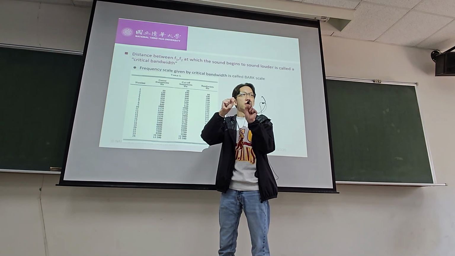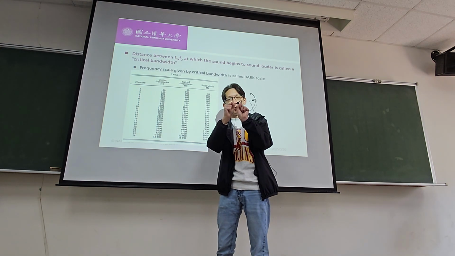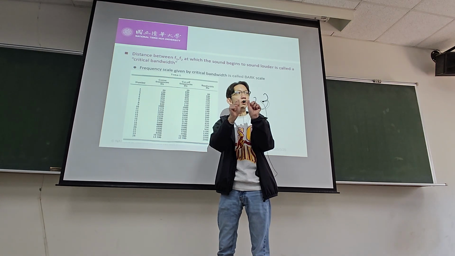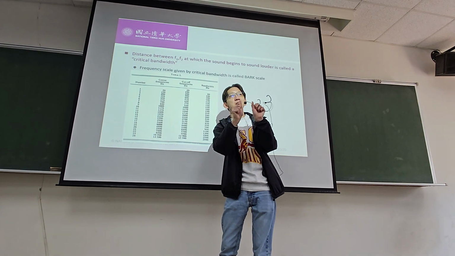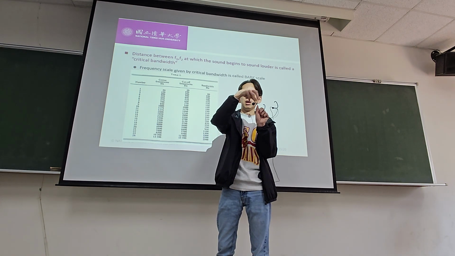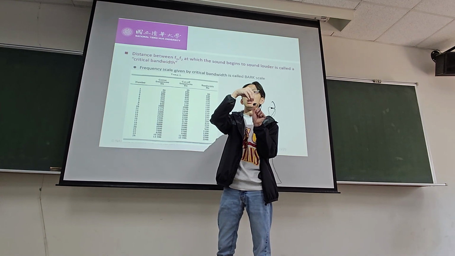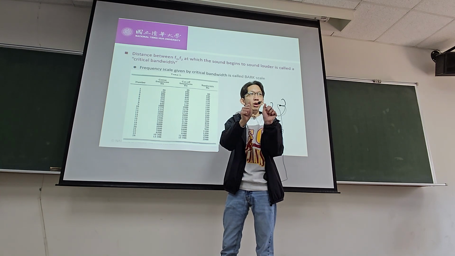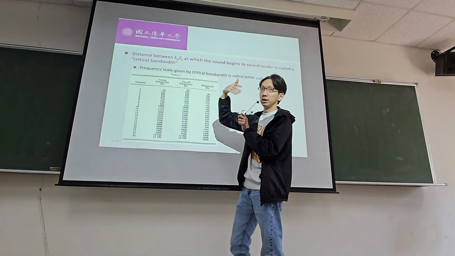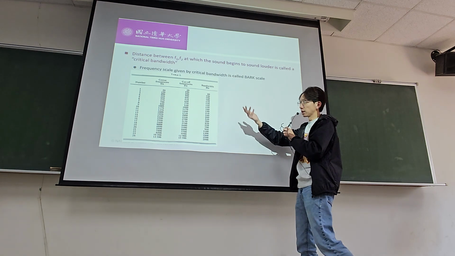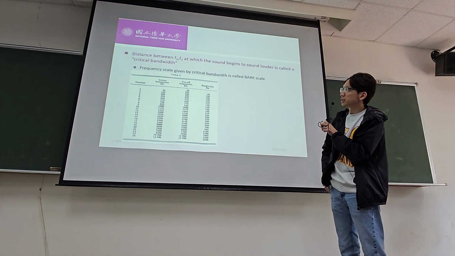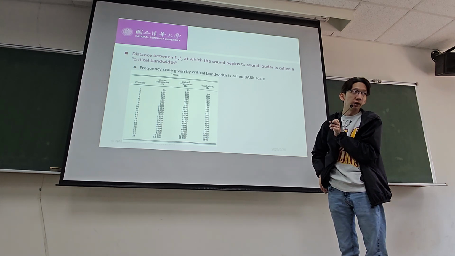So by finding the bandwidth of F1 and F2 for which you always think the signals sound the same loudness, that means you are using the same section of your membrane to process that part of the signal, and that's the critical bandwidth for a particular BARC. So this BARC idea becomes a scale. The BARC scale is basically a frequency scale given by critical bandwidth. That's called the BARC scale.